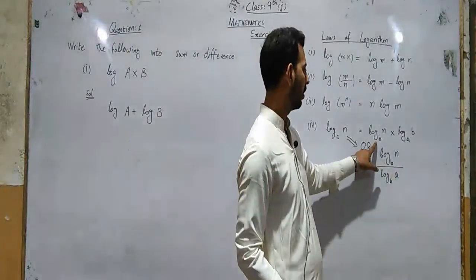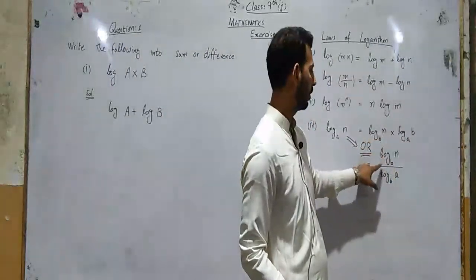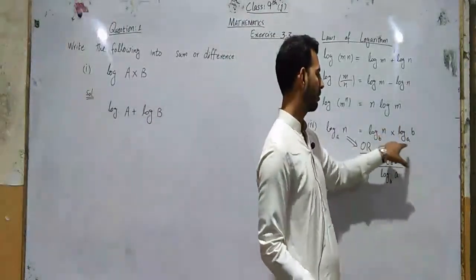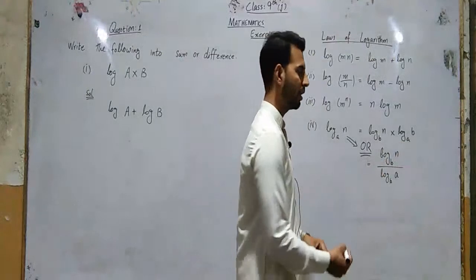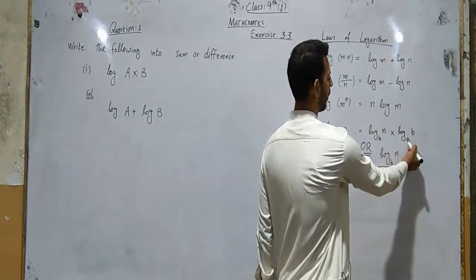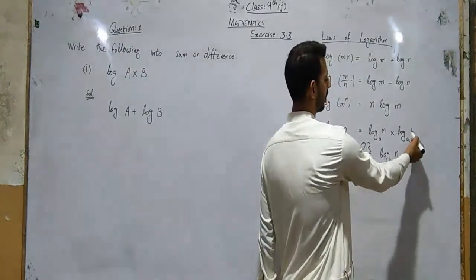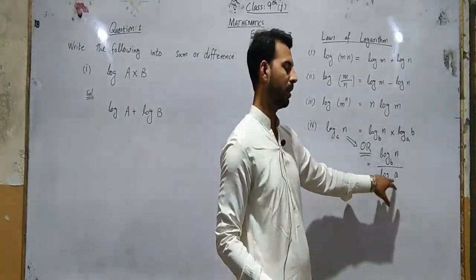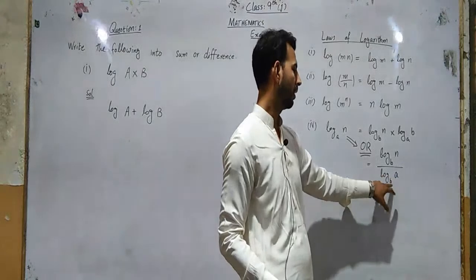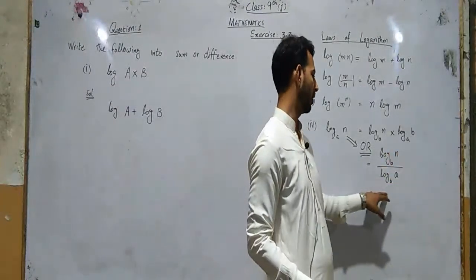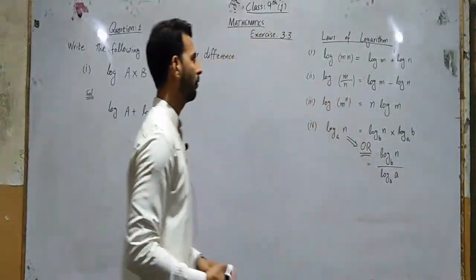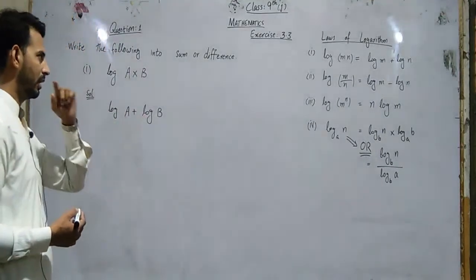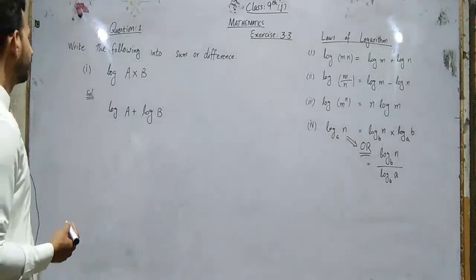So log n to the base b we write as the numerator, and the other will interchange, like b will come at the base and a will come as the constant number. So log b to the base a and log a to the base b will interchange with each other. So these are the laws of logarithms. We have to memorize them for this exercise and further exercises.